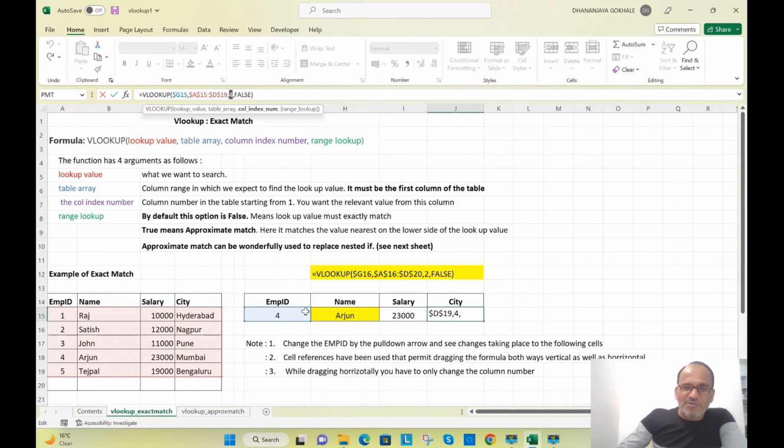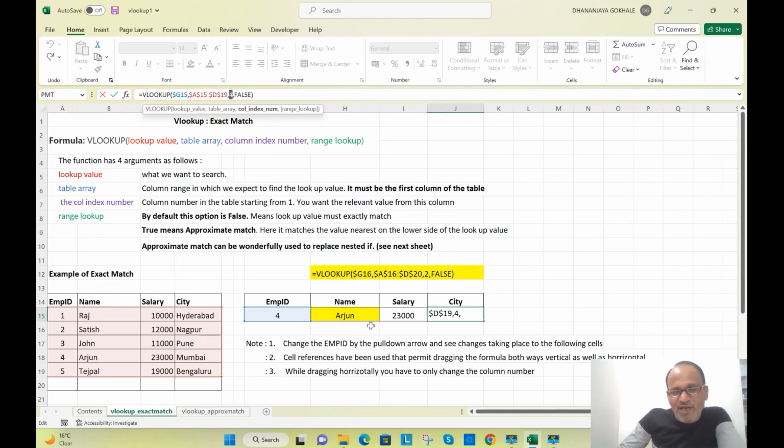Please notice I'm telling this time and again. In Excel, we use cell references effectively. Why have we used this cell reference? The table has to remain fixed. So we see an absolute reference for the table value, that is A16 to D20. However, G16 has been made a mixed reference, where we don't want the column to change because we want to drag the formula to the right, but we would like the row number to change because we can drag the formula down.